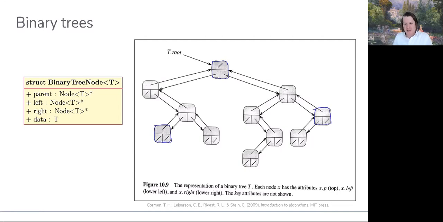Let's look at the representation of this. And I'm going to expand upon what I showed you earlier. Okay, we'll have these 2 node pointers, one to the right, another to the left. We have some sort of data.